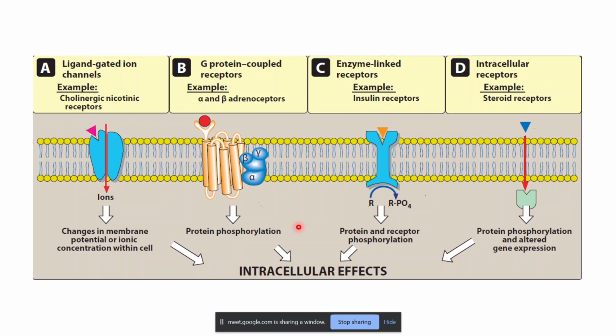So, and the last type is intracellular receptors or steroid receptors. That is the main family for the steroid receptors.